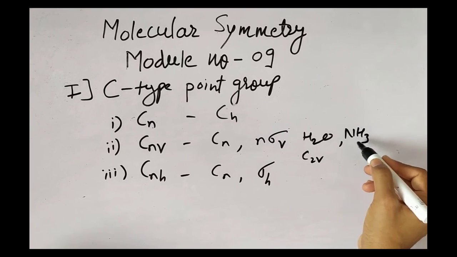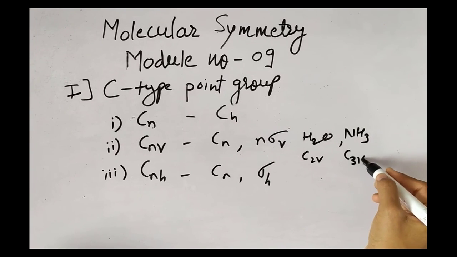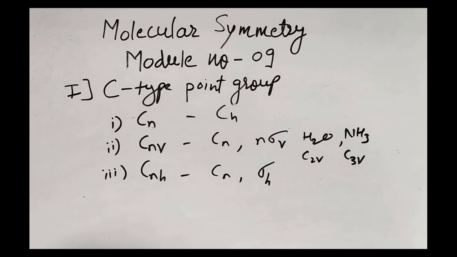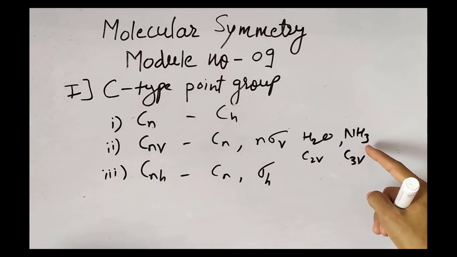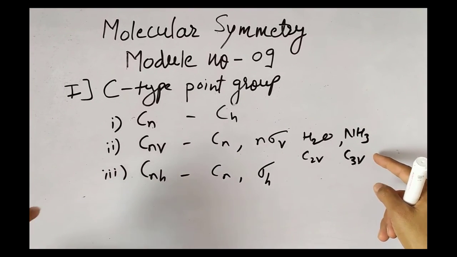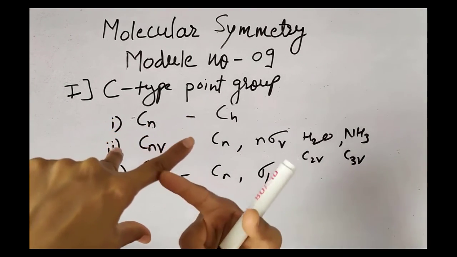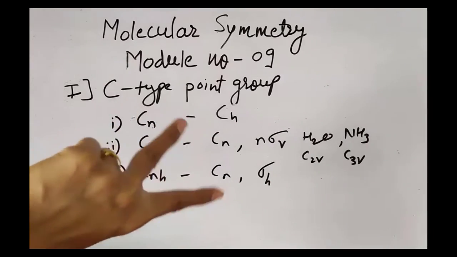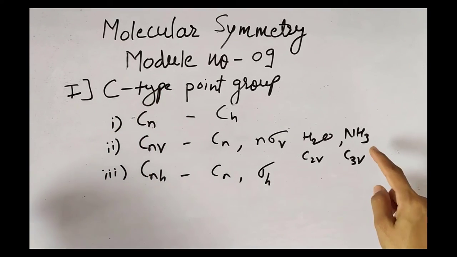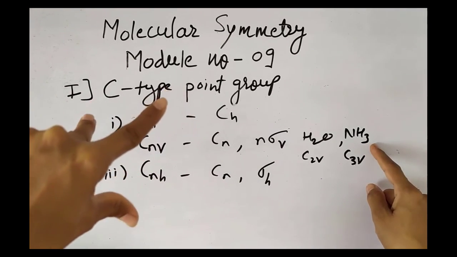Another example you can have is NH3, which has the C3v point group. Try to find out these symmetry elements in ammonia. I have told you to make the model: this is ammonia having a pyramidal structure, and in this way it is rotated. Try to make a model of ammonia at home having a triangular pyramidal structure.